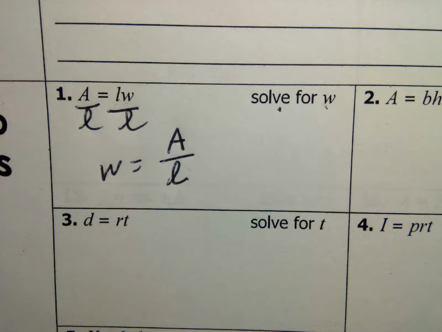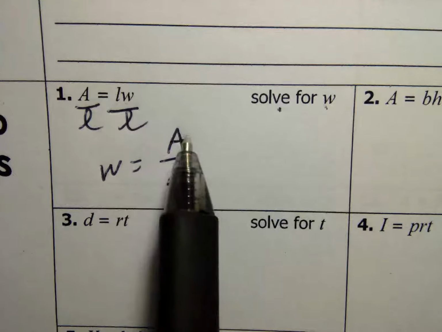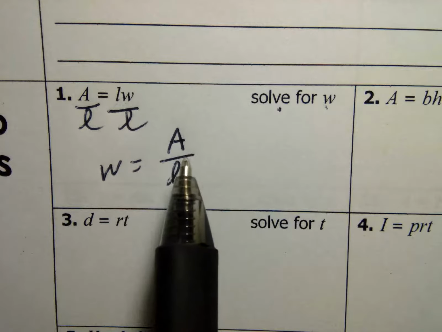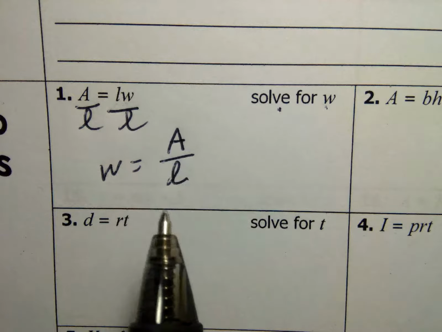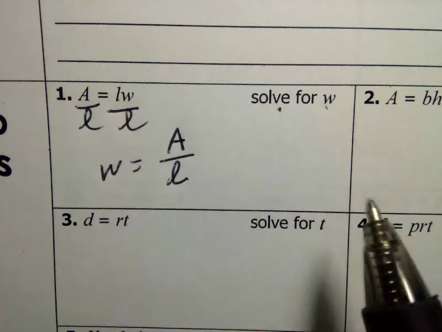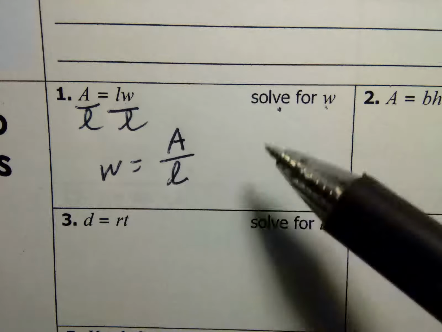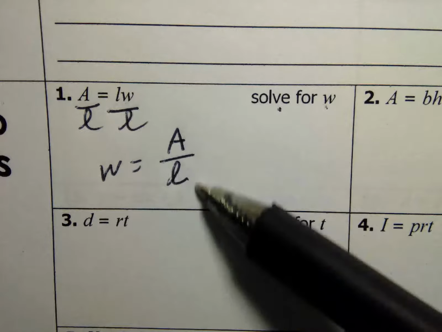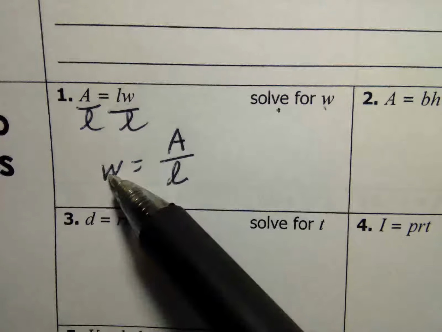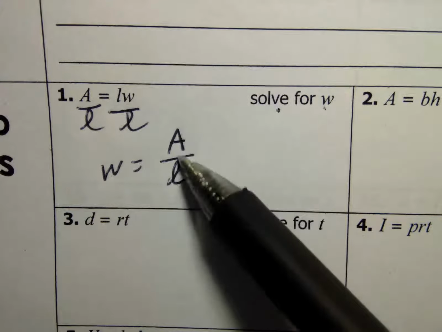This is not hard stuff. This is confusing stuff because there are no numbers. There are two reasons why you need to know how to do this. Two reasons why this is taught. One is sometimes when you have a whole list of values, you're always wanting to find the width and you're given this.